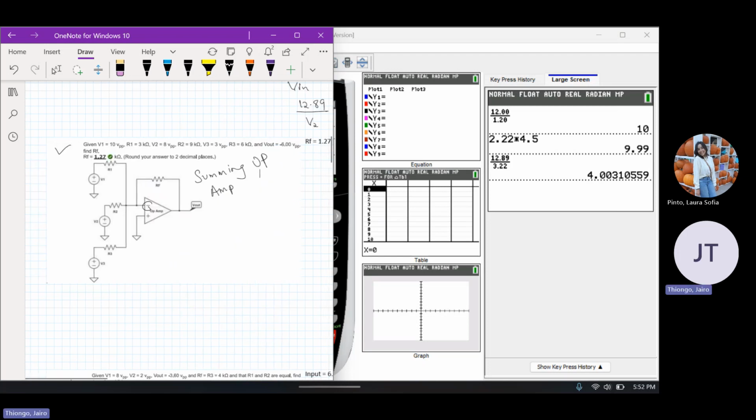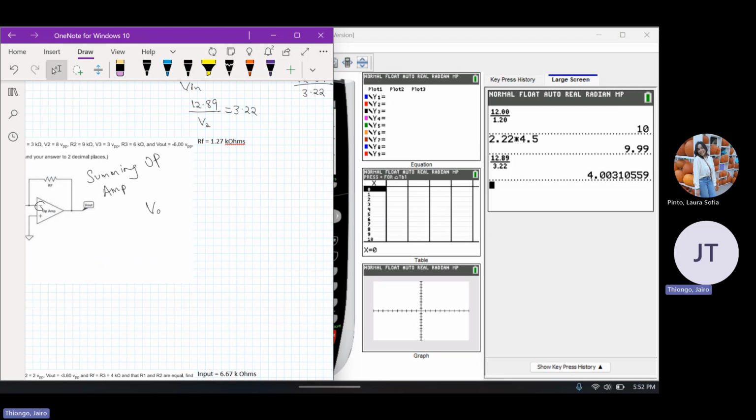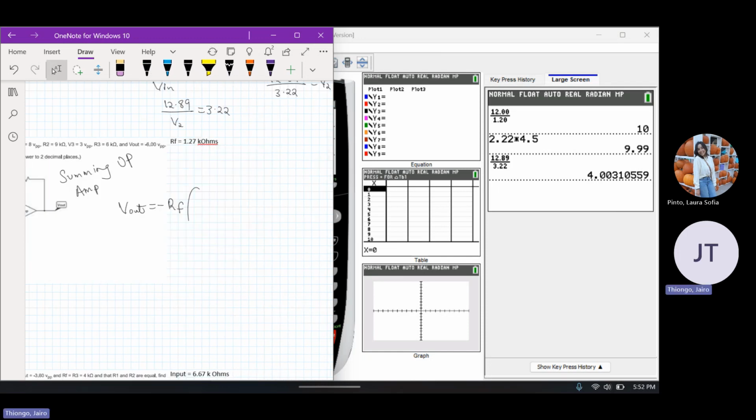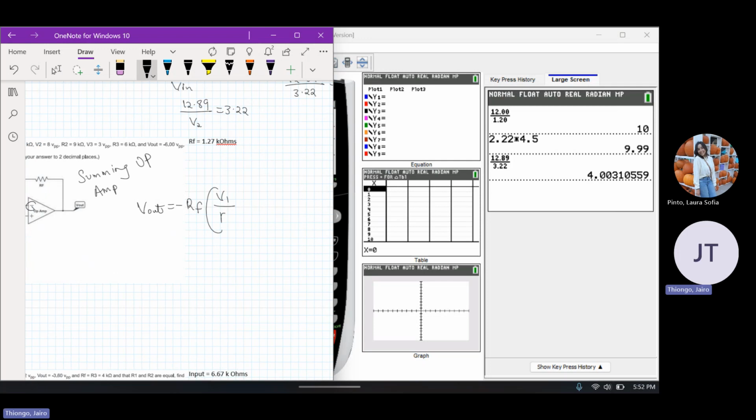Okay. So the equation that governs this one is Vout equals minus RF, negative because it's inverting. The input that's going into the OPAMP is being inverted since it's going through the negative terminal. And then you get V1 over R1.